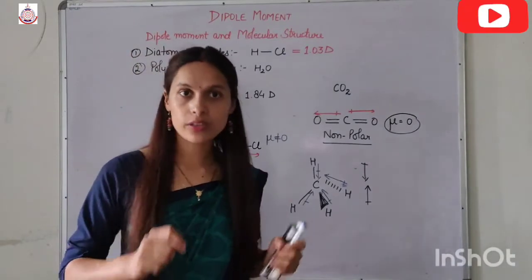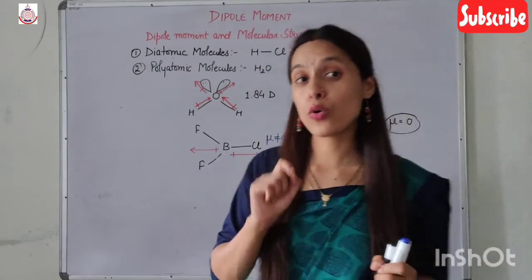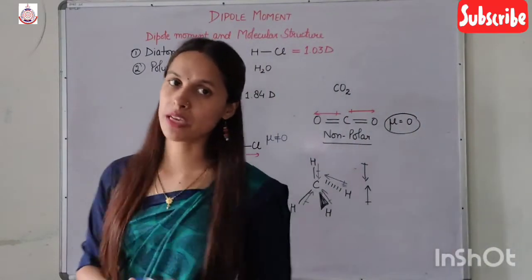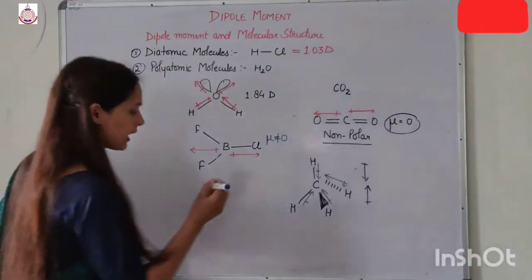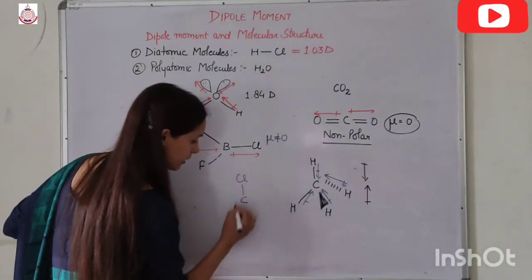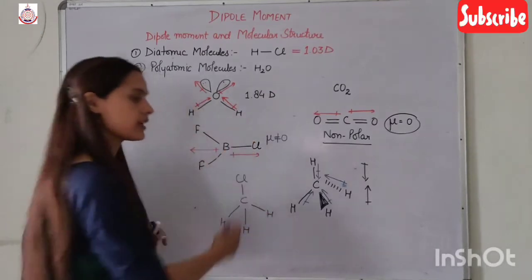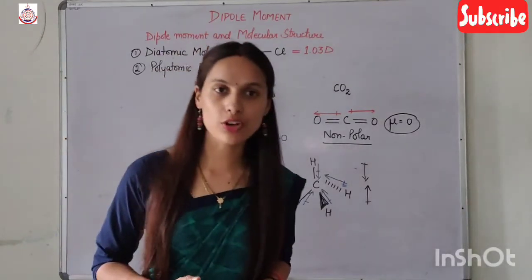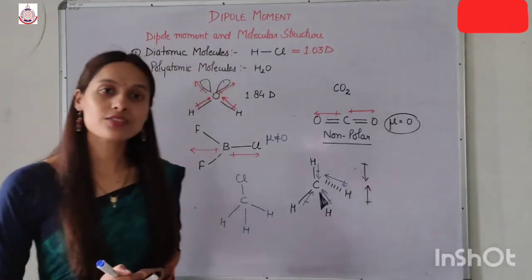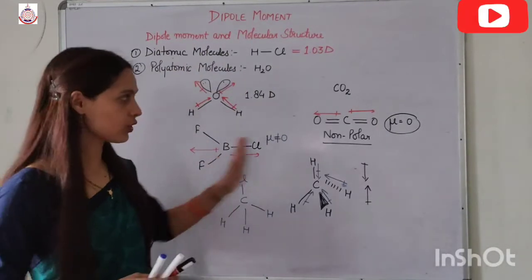So, though there is a polar bond in methane, the overall dipole moment of methane becomes 0. But if I replace one of the hydrogens with chlorine, the dipole moment is not equal to 0, because now the carbon is not surrounded by the same type of atoms.